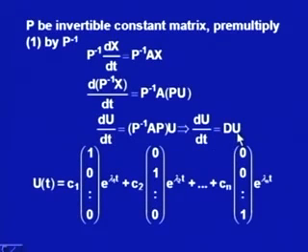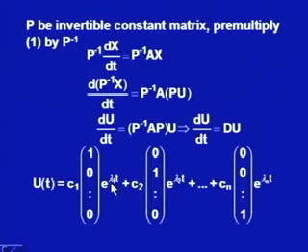And then we can very easily solve this system of equations, and we know from our earlier discussions that u(t) can be expressed as C1, an arbitrary constant, multiplied by this column vector multiplied by e^(lambda1 t).